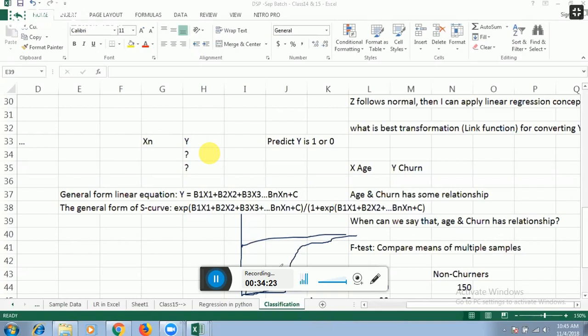Correct? So if I come up with this line, suppose I'm calling it P, what will my P value be?